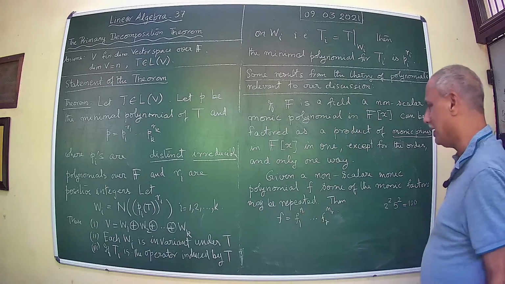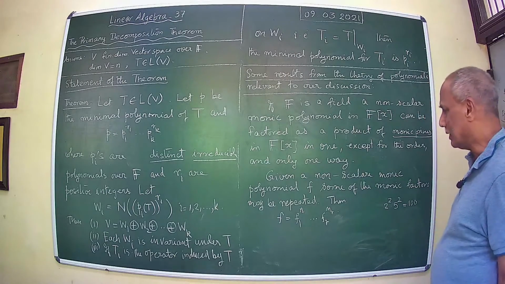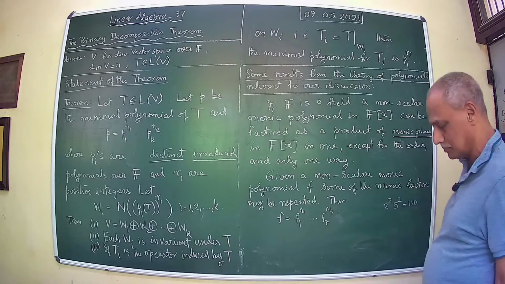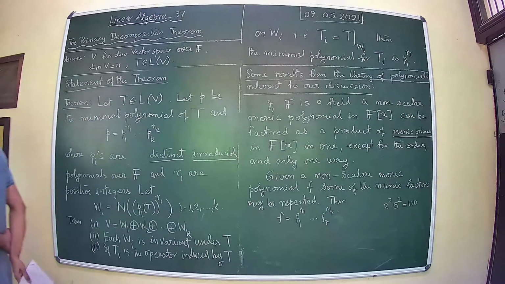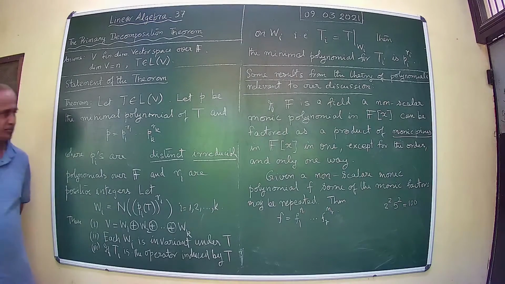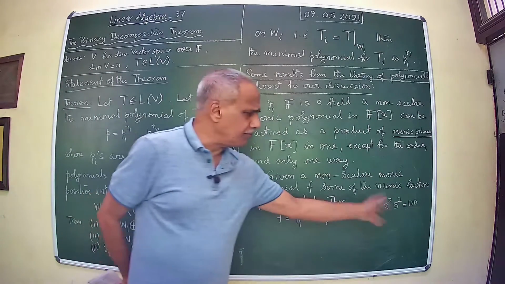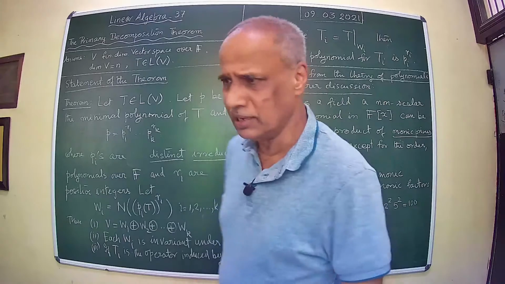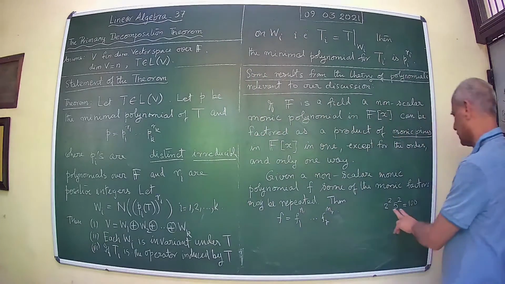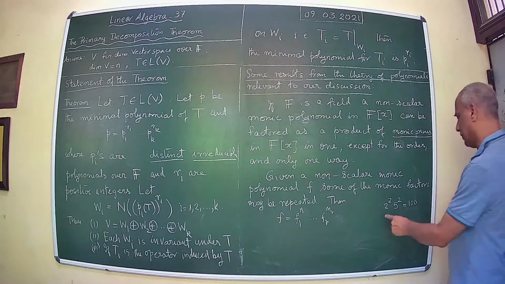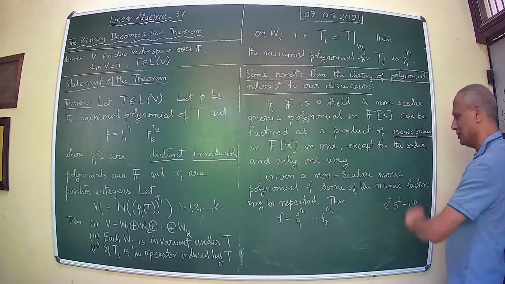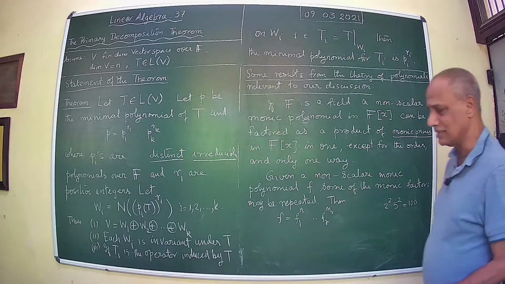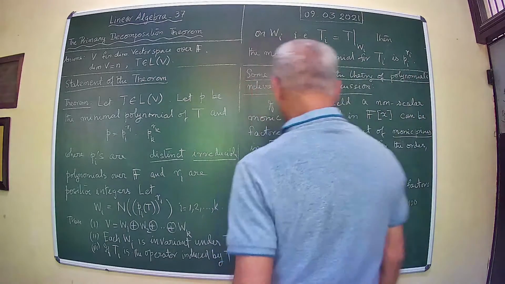But this is a unique representation in terms of the powers of prime numbers, irrespective of the order in which it is. The only thing is there are two representations possible apparently. One is 5 square into 2 square and the other one is 2 square into 5 square. But certainly they are considered the same, so there is a unique representation of this kind.